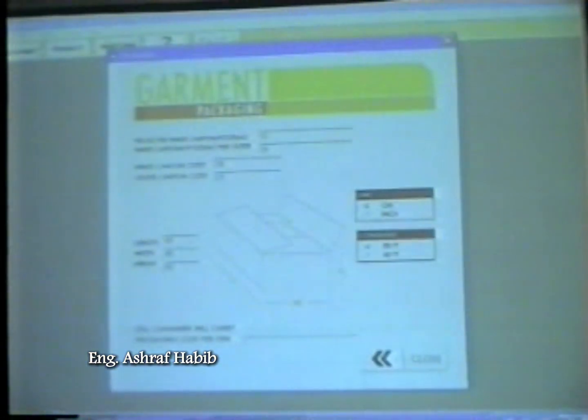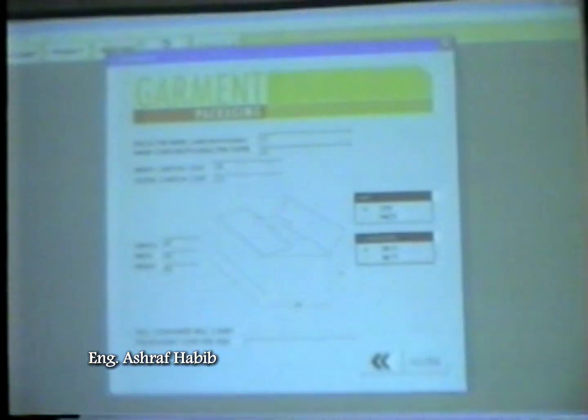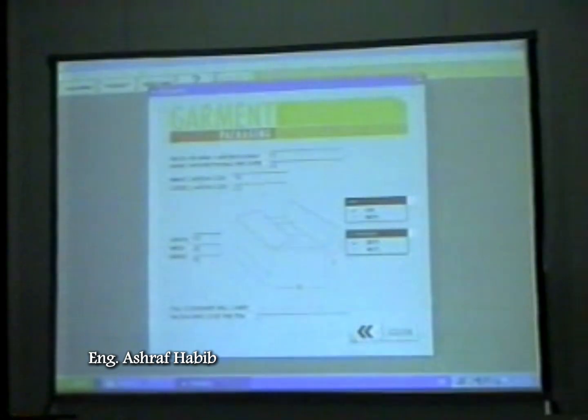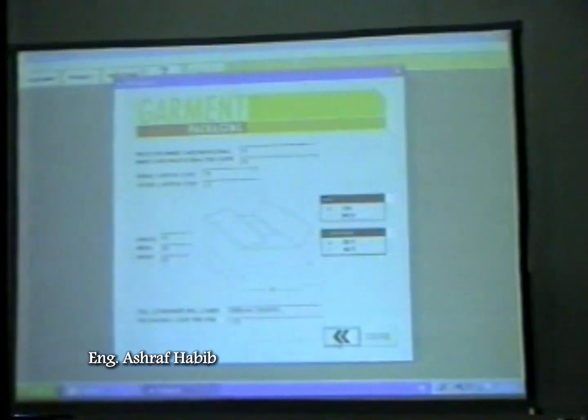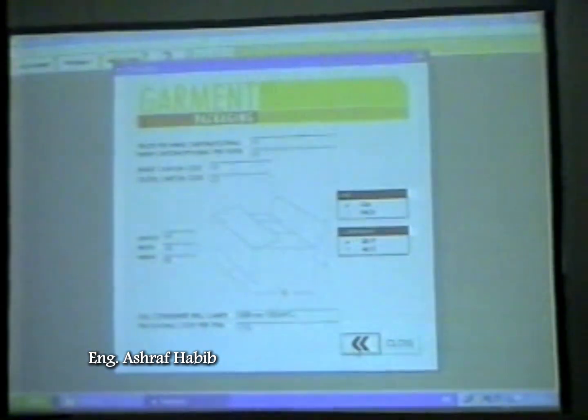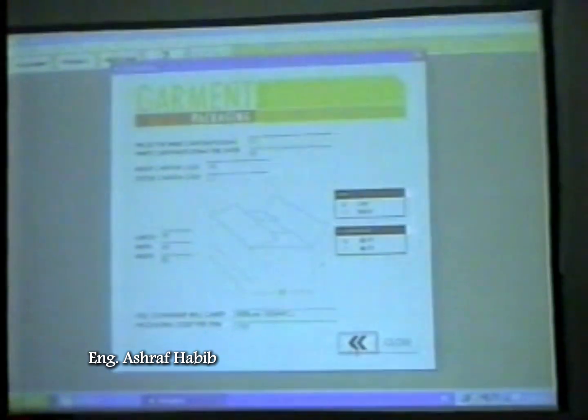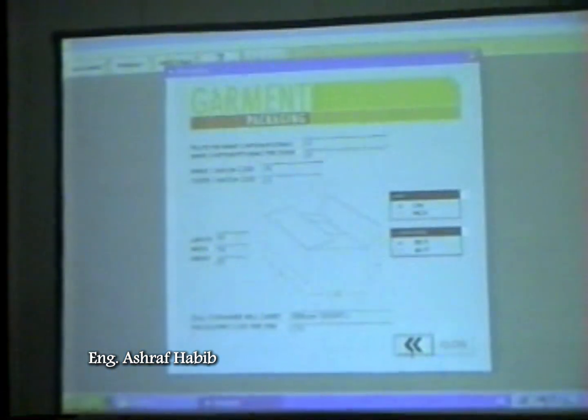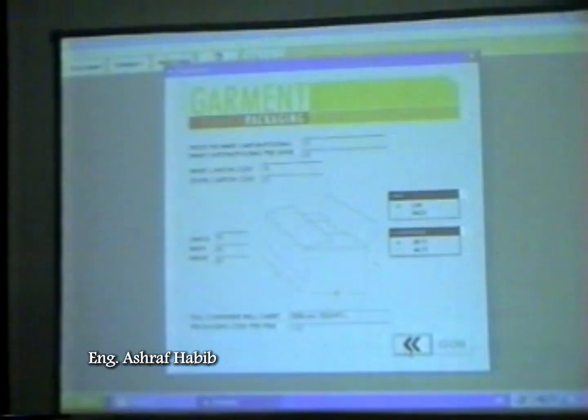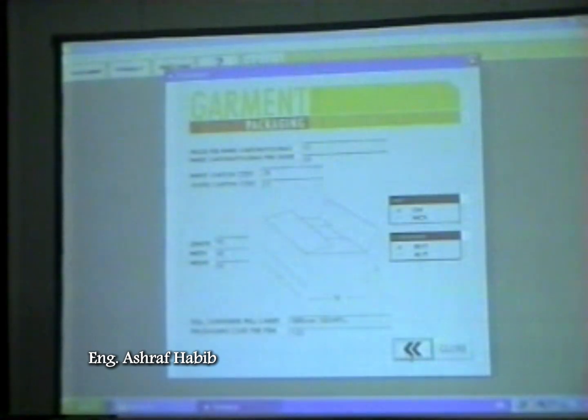And the height, these are just numbers. And we want to know how many pieces will fit in a 20-foot container. It gives us here that we're going to have 588 boxes carrying 196,000 pieces.